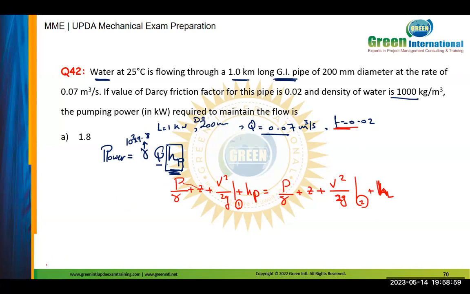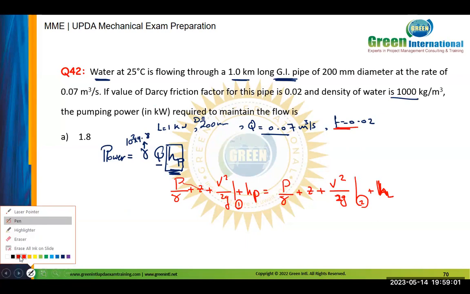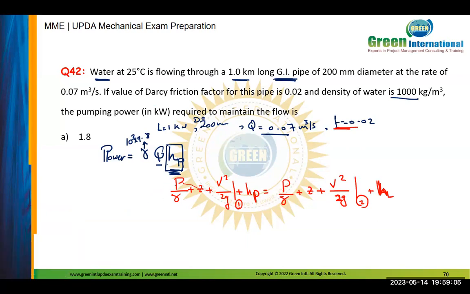Pressure: no data for pressure, so consider that we start atmospheric and end atmospheric. Z: no data for elevation, so it is considered a horizontal pipeline.